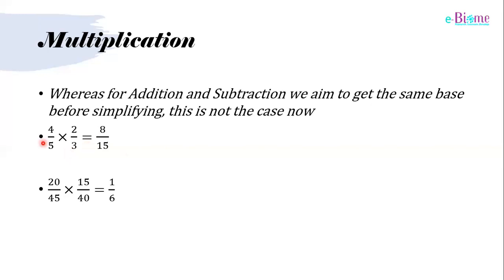So in this example, we have 4/5 multiplied by 2/3. By multiplying the numerators, we get 8, and multiplying the denominators, we get 15.